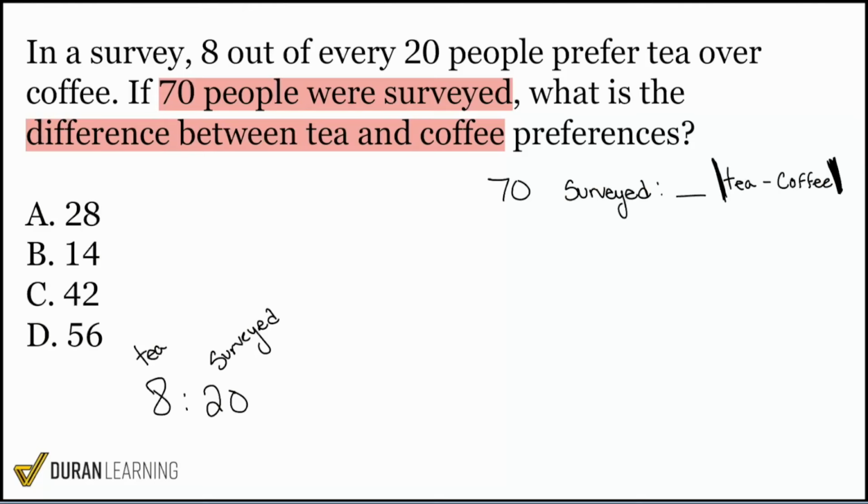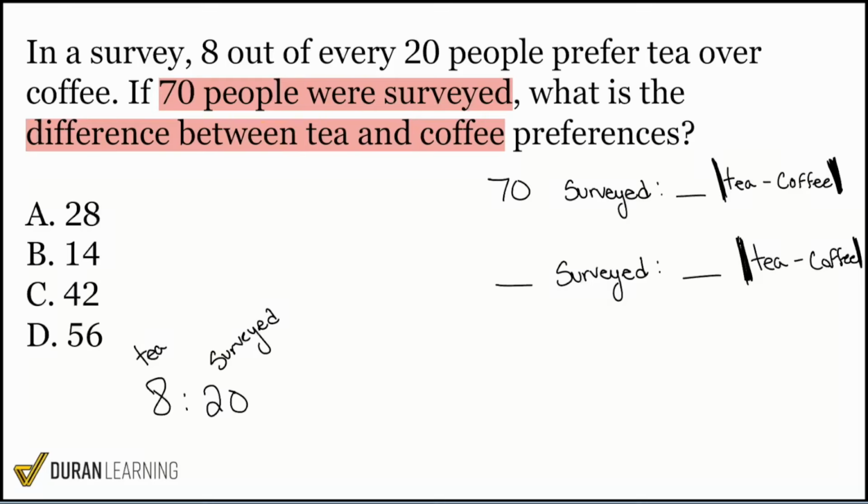If I can get those two things, everybody, I'm good. One more time. It is all about comparing the same things in the same way. So I'll go ahead and write blank surveyed and then blank for the difference between tea and coffee. If you stick to these principles, it can be very straightforward, very easy.